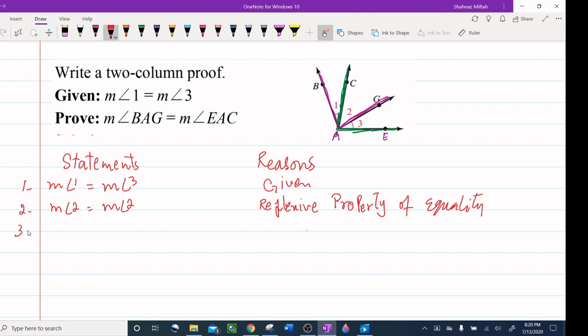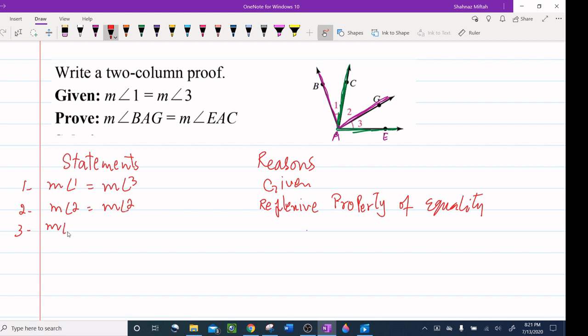Number 3. Now again, angle 1 plus angle 2 is equal to angle 3 plus angle 2, because that's exactly what they said, BAG is equal to EAC. BAG is made up of two angles, which are 1 and 2.